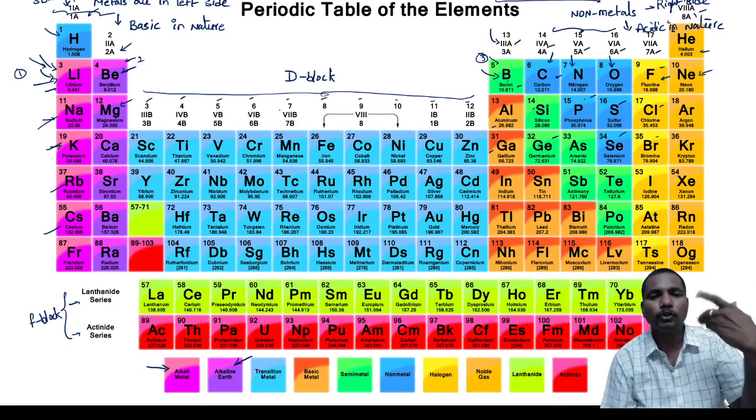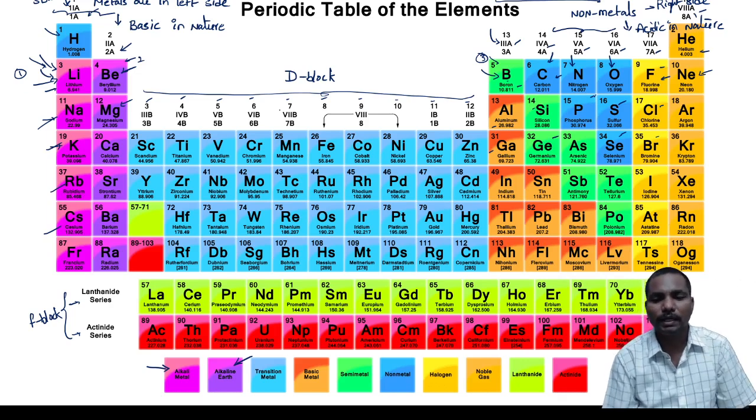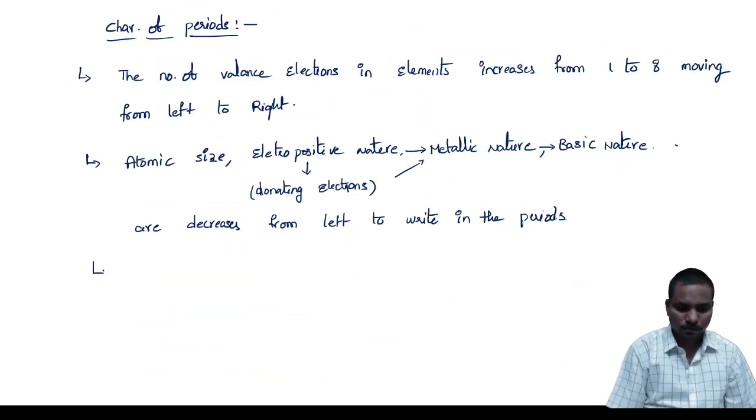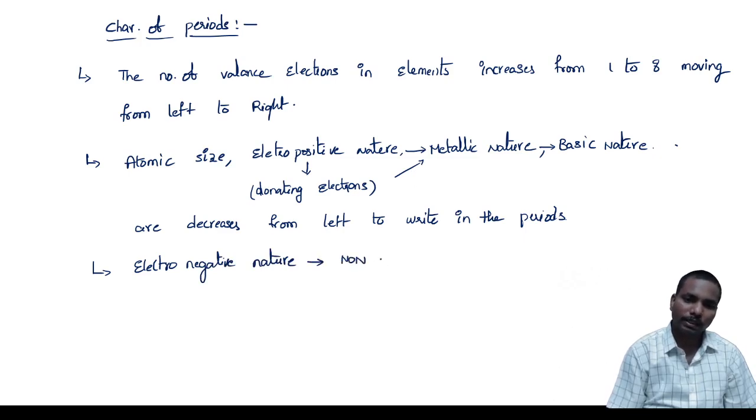The opposites will automatically increase. The opposite of electropositive nature is electronegative nature. The opposite of metallic nature is non-metallic nature.